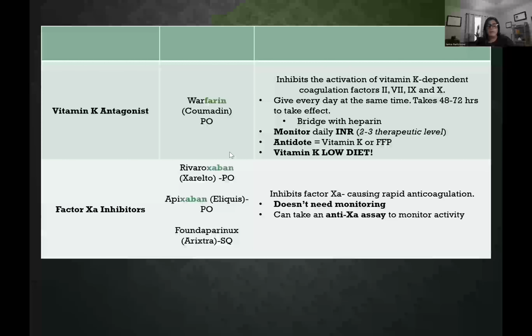They inhibit factor XA and they're pretty good in anticoagulation, but they don't require that much monitoring. Now, a lot of doctors are switching to this because of the less need for monitoring. However, they can cause severe bleeding. You can monitor the activity with an anti-XA assay.